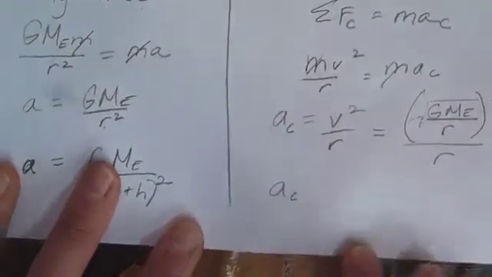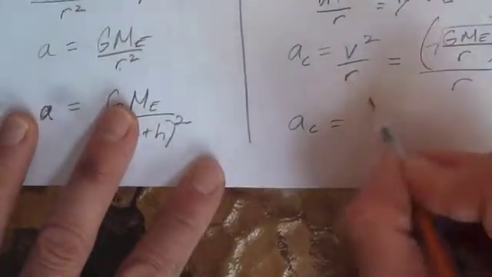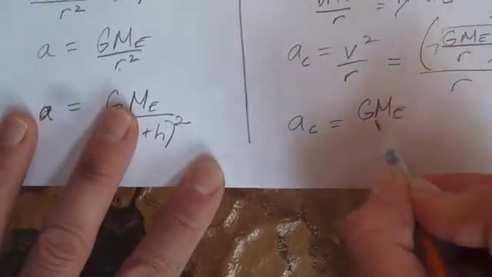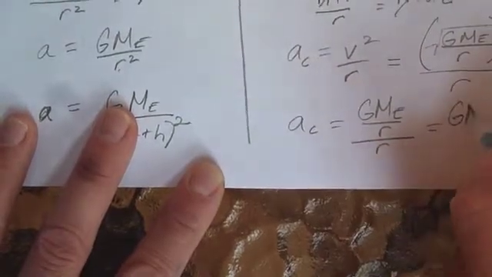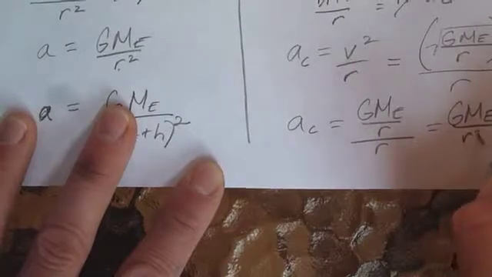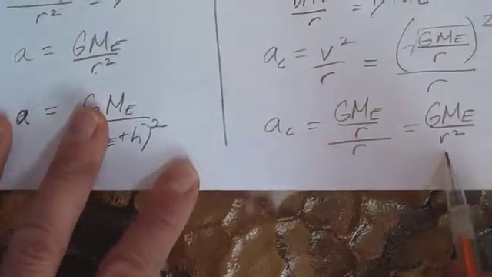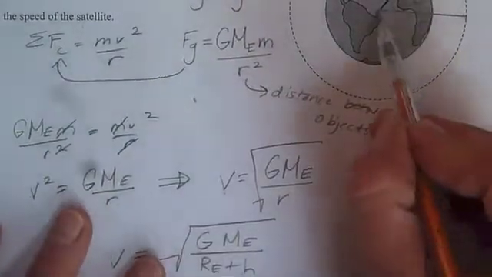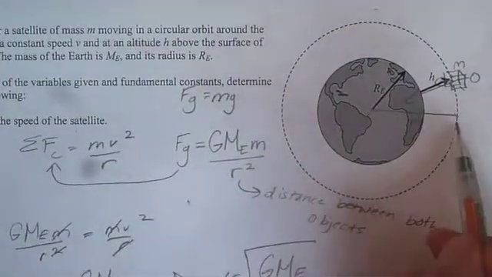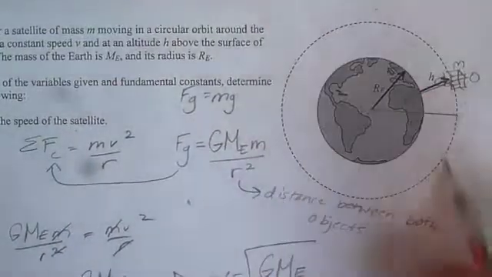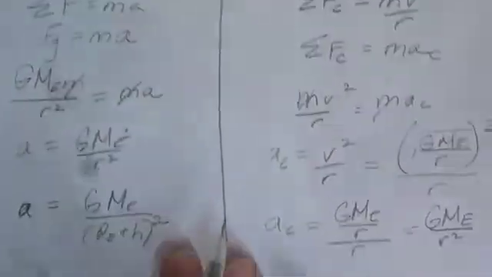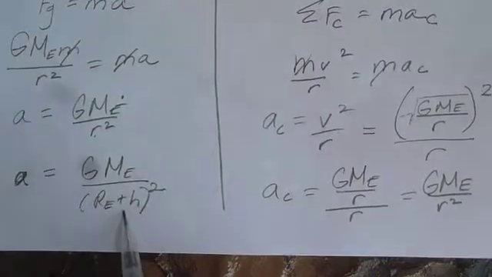So the centripetal acceleration is big G times the mass of the Earth over r, all over r, which is big G times the mass of the Earth over r squared. Now, when you plug in the value for what little r is, that is the distance from the center of the Earth to where the satellite is. It's also this distance, or the radius of the circular path. You will see that you will get the same answer as we saw for over here.